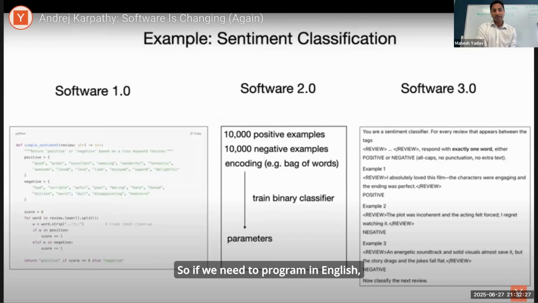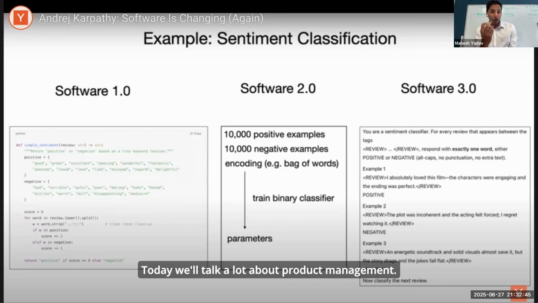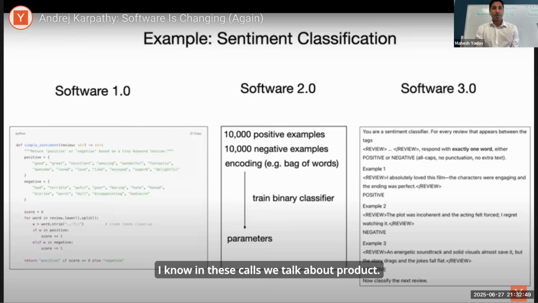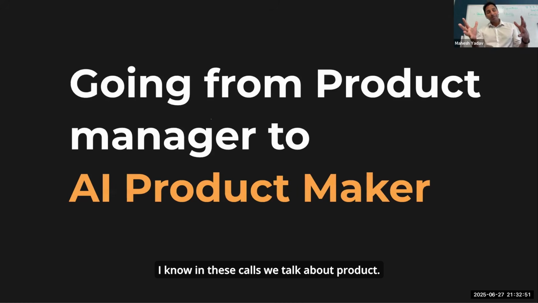So if we need to program in English, or if the products are becoming software 3.0, which is how we're going to talk to machines or use machines, then how should we build or have product management specific things? Today, we'll talk a lot about product management. I know in these calls, we talk about product. Sometimes we talk about tools. Sometimes we do labs.